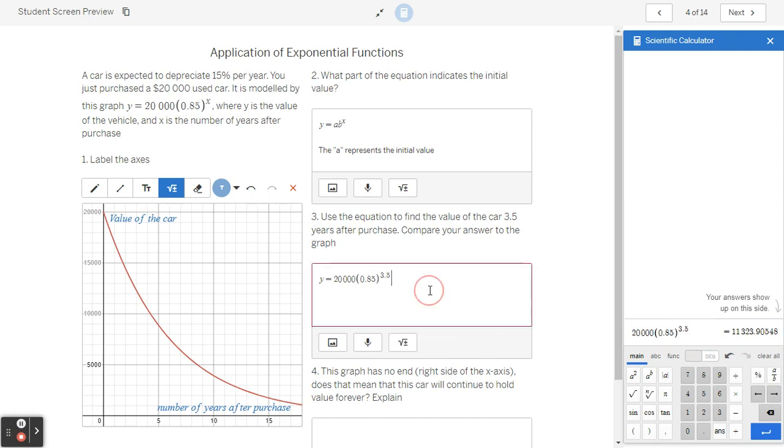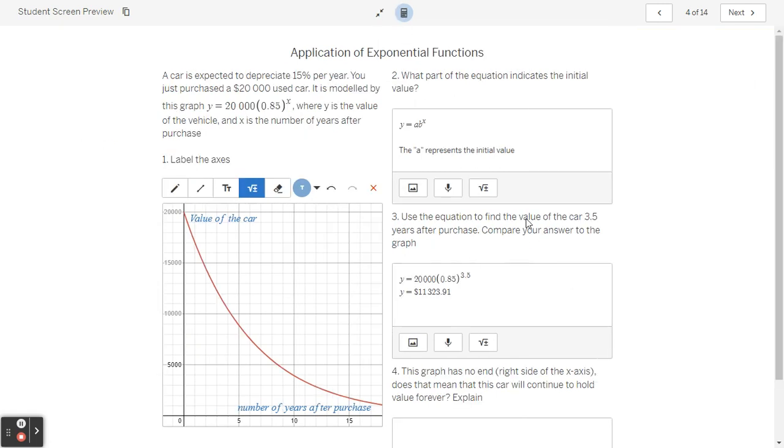And we have a value of $11,323.91. Now, of course, when you sell cars, the numbers are a lot more fluid. So even though this is the projected price, it's not necessarily exact that you are going to be selling it at this price.